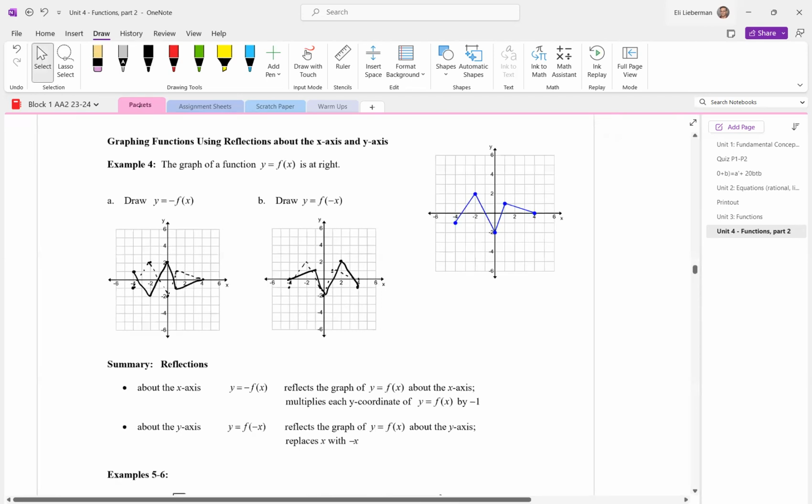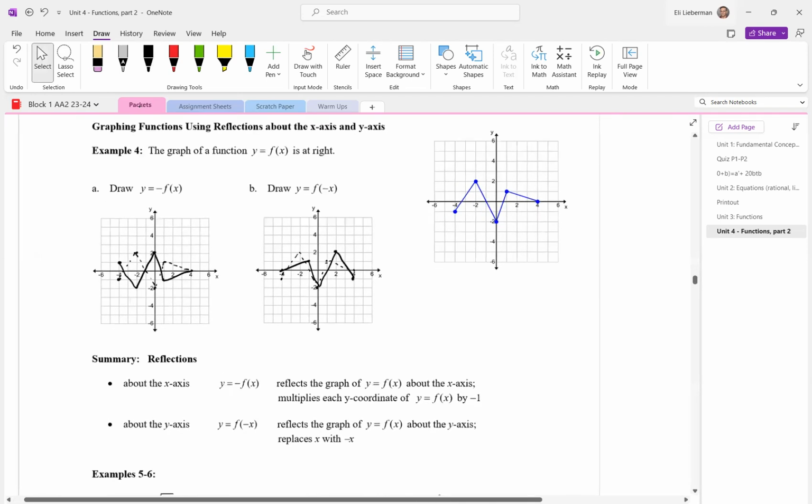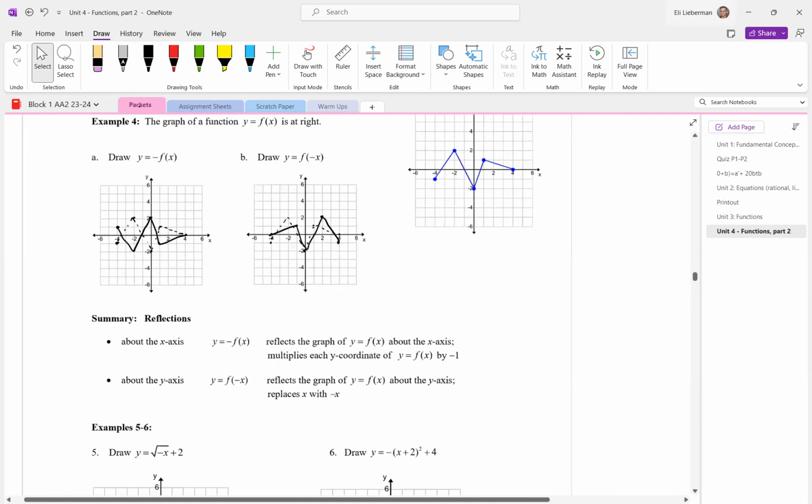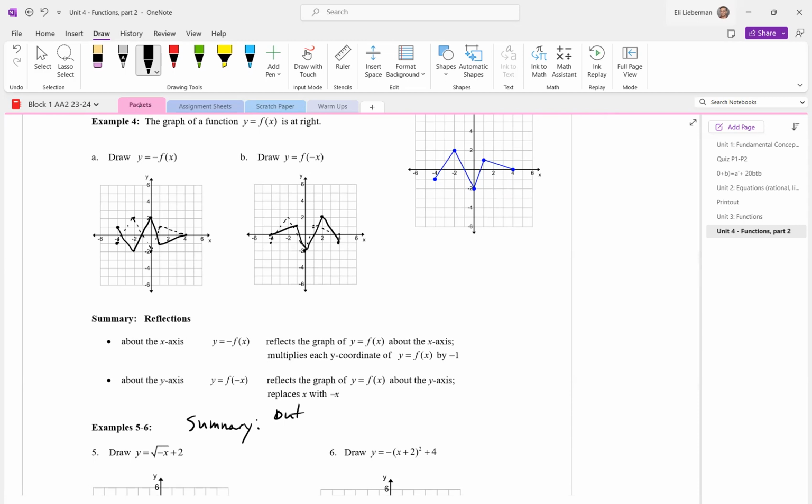So here's a little summary. Outside changes result in y differences.